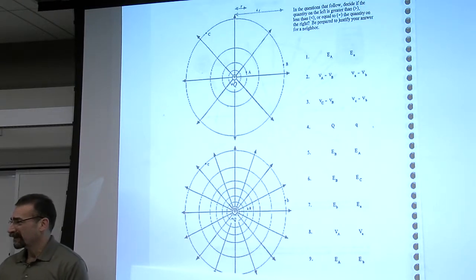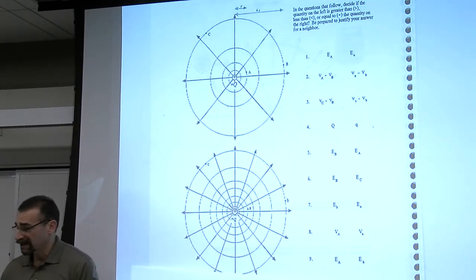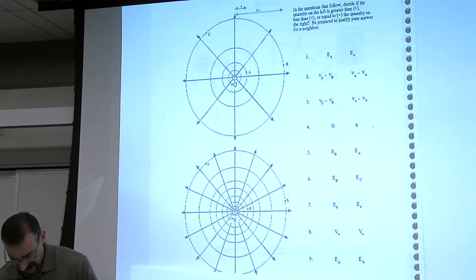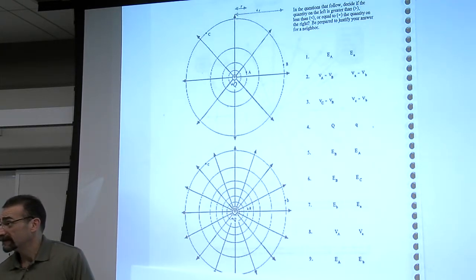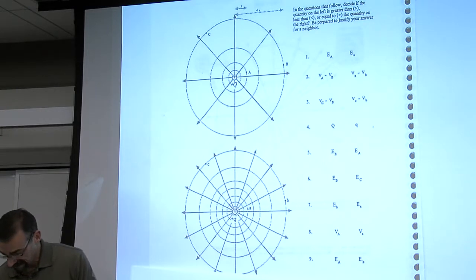Little q, because it has more field lines coming out. And how do they compare, actually? Double? Okay.